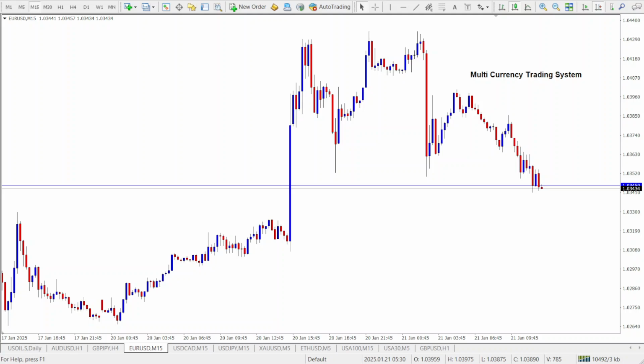Now, understanding these correlations is key to building your multi-currency trading system. By analyzing how different pairs interact, you can manage risk more effectively.